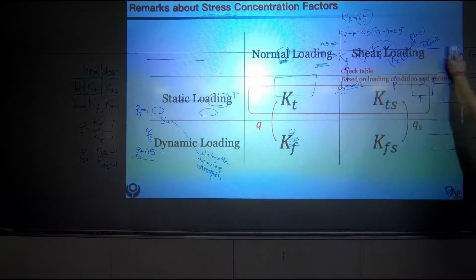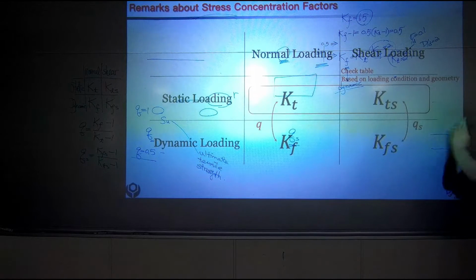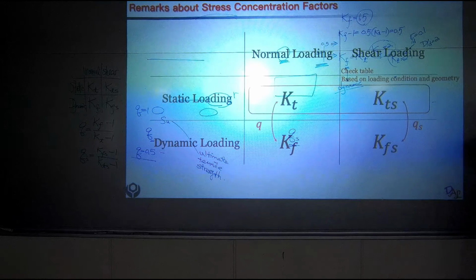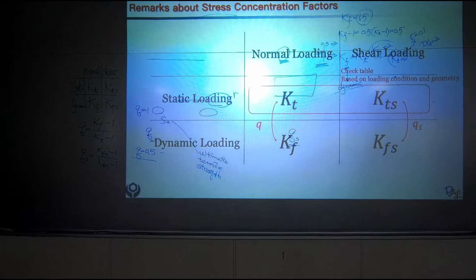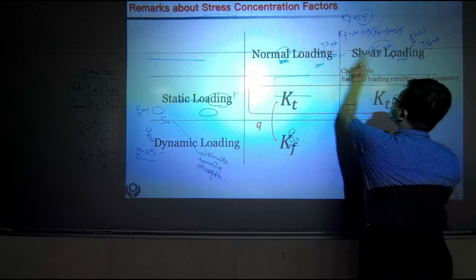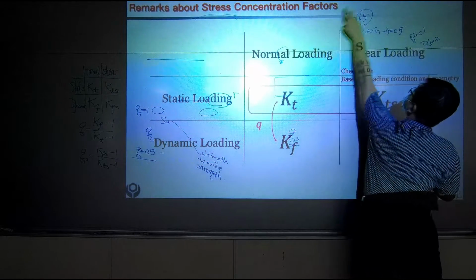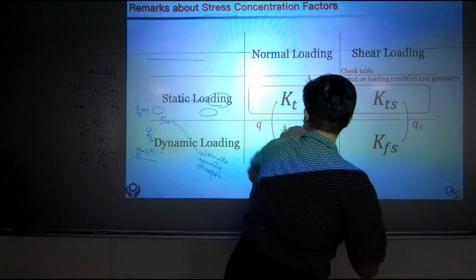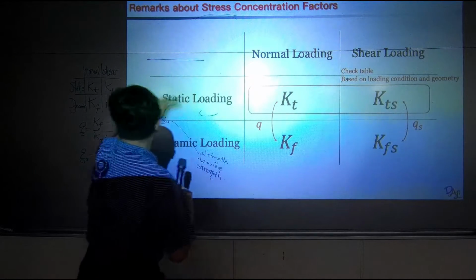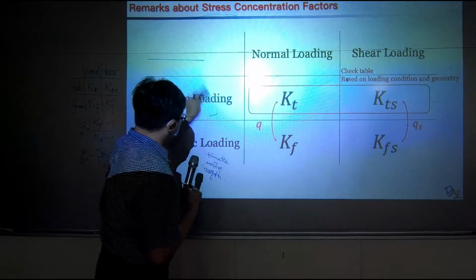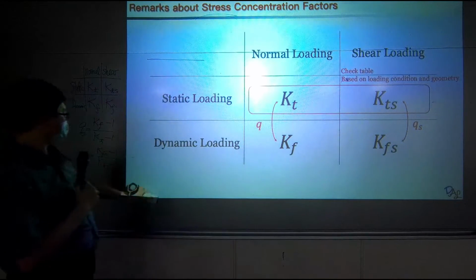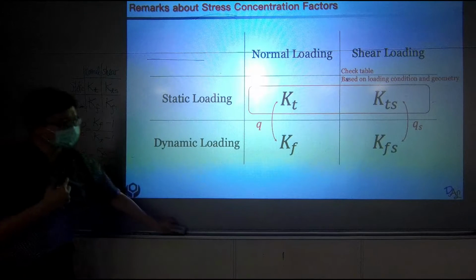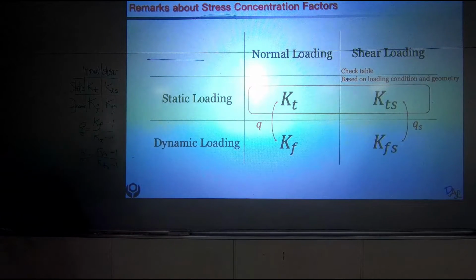How do these equations help us when we try to solve a problem? This is basically what I said earlier. How do we use it?